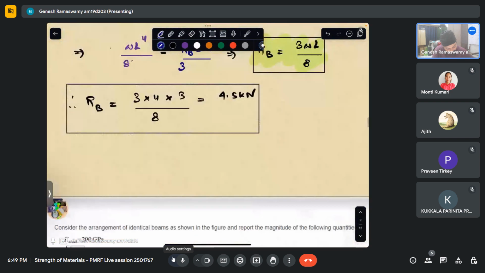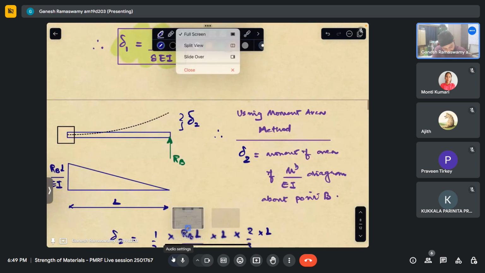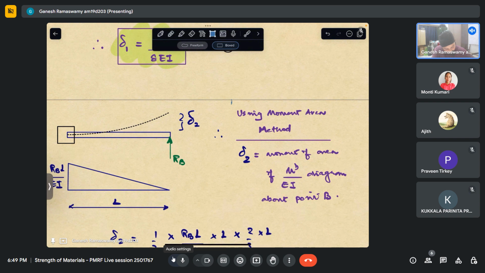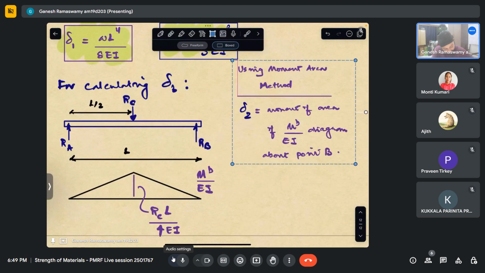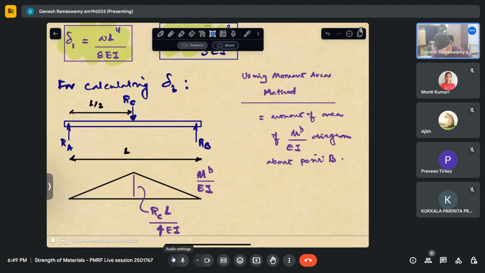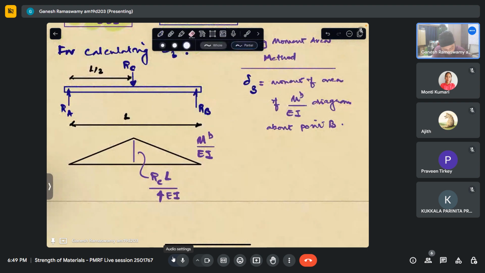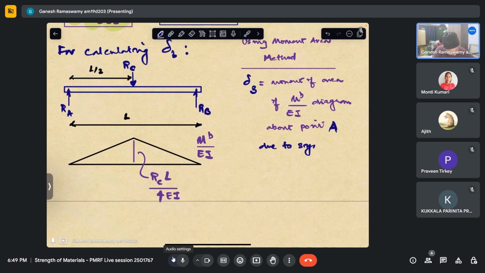So using the moment area method, delta 3 is the moment of the M by EI diagram about point A in this case due to symmetry. And this is using a single step.